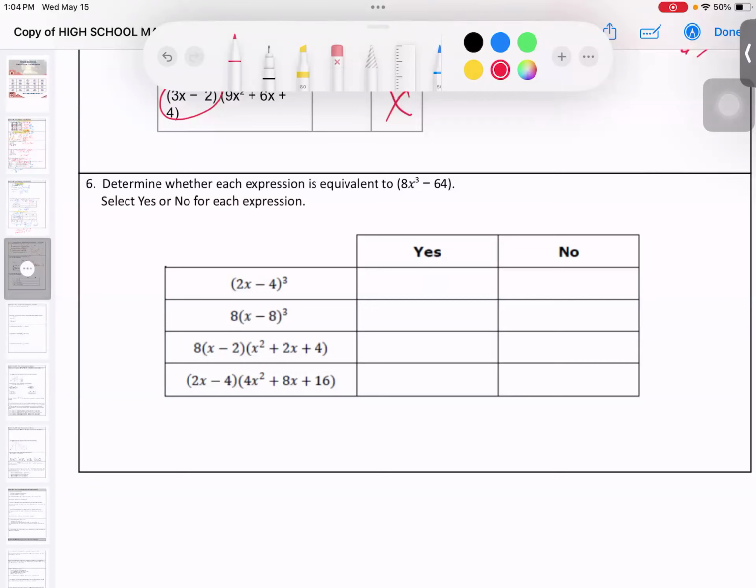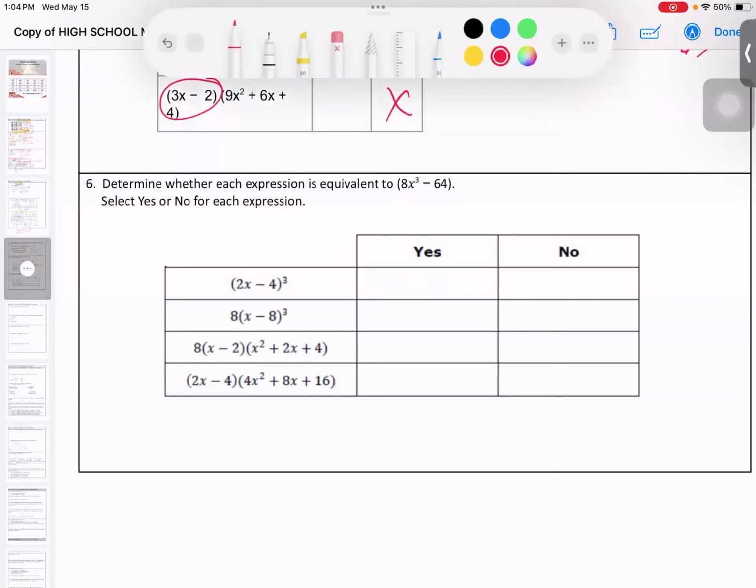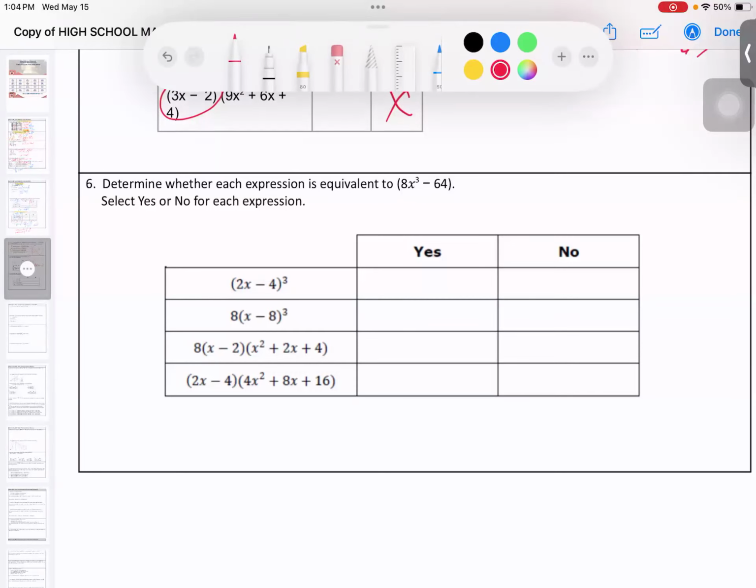I'm right. Not only does it matter to you, but to the school, it matters a lot.